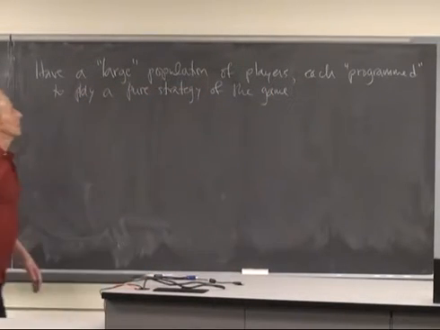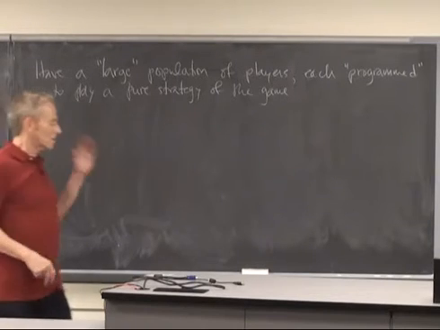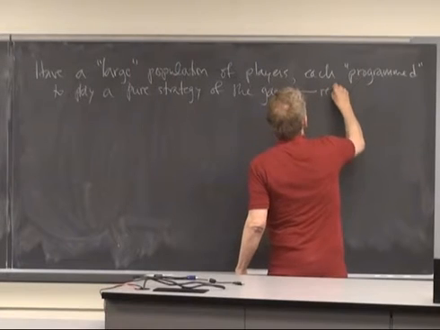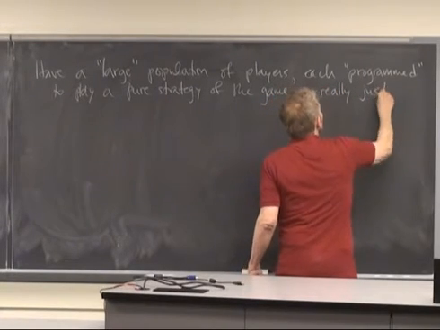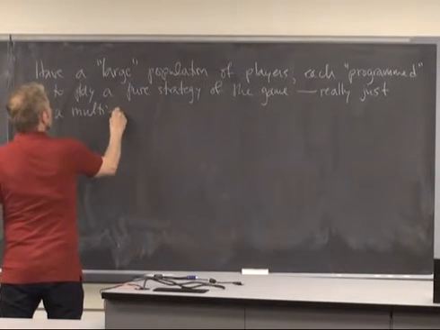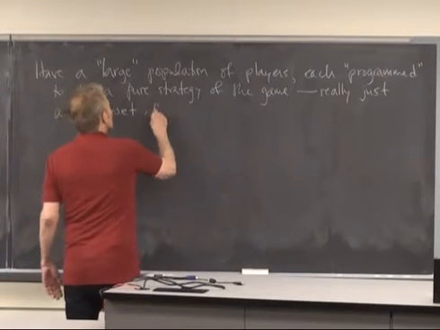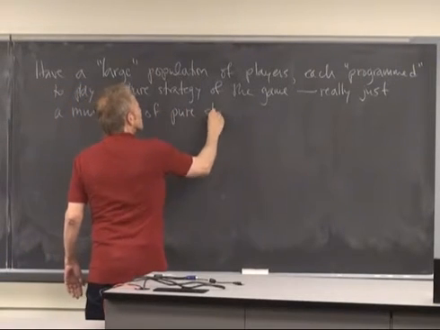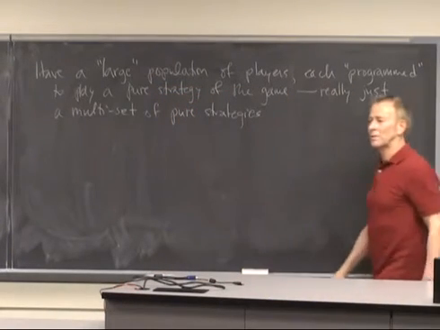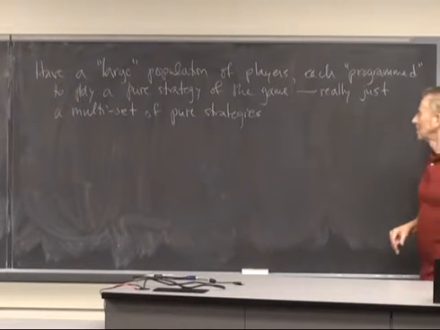You can think of this population, they're not rational players at all. You can think of it really as a multi-set of strategies, if you wish. That's something we encountered when we talked about genetic algorithms, of pure strategies just floating around. So you can think of these things as maybe DNA strands or whatever. They're programmed to make some protein, and that's all they do.